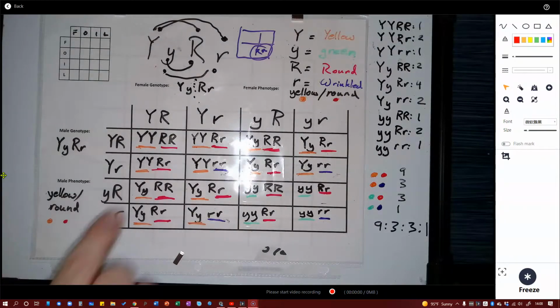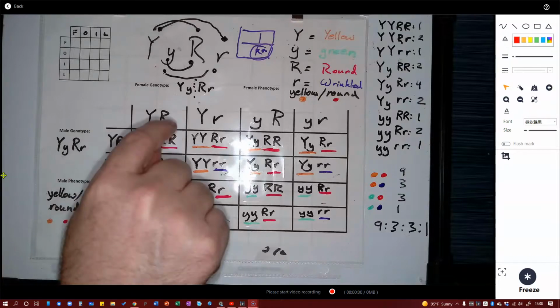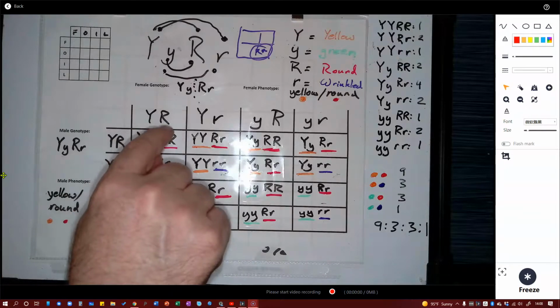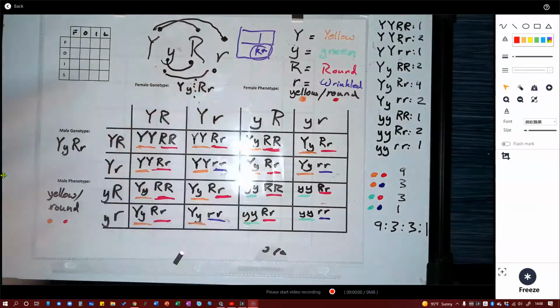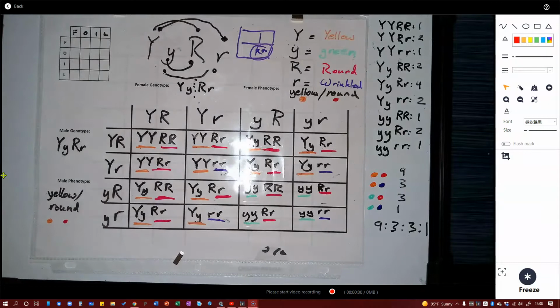So you notice I put the color gene ahead of the shape gene in every one of these because that's how it was written in the genotype of the parents. Being consistent that way helps keep you on track and helps you from making little mistakes here and there that add up.